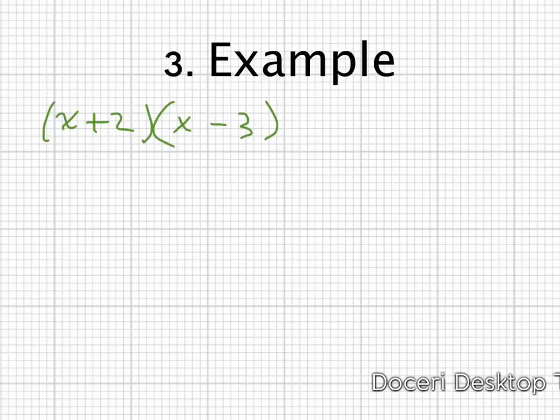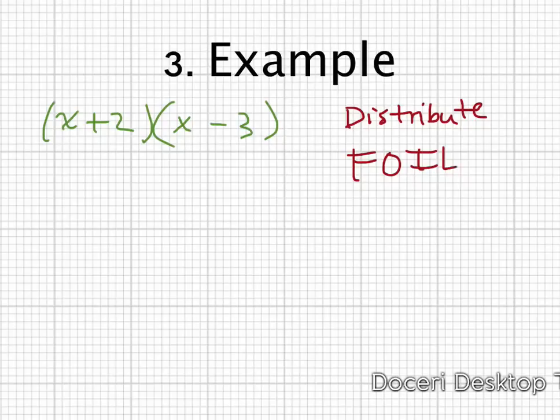All you really have to remember to solve this is that you're going to distribute. And some people use what they call FOIL to help them remember what to multiply. So this FOIL method means you multiply the first two terms. So you'd multiply x and x, so you get x squared.